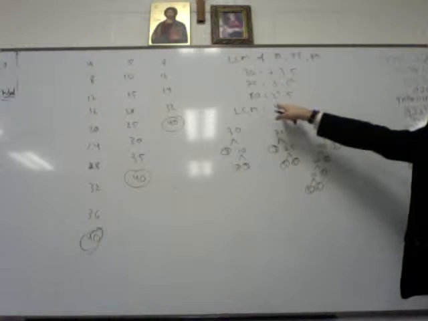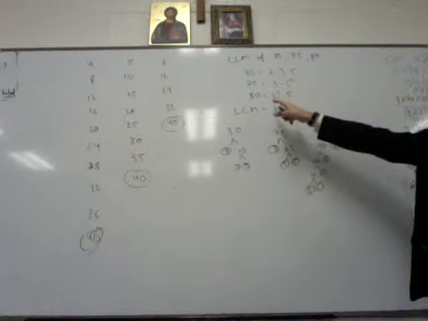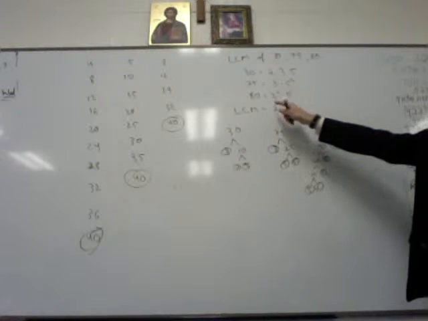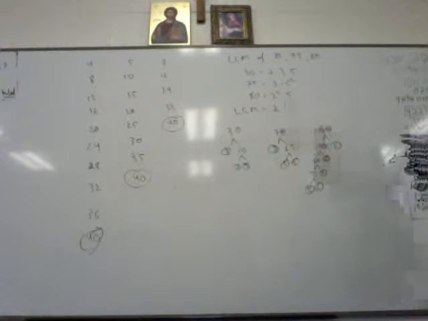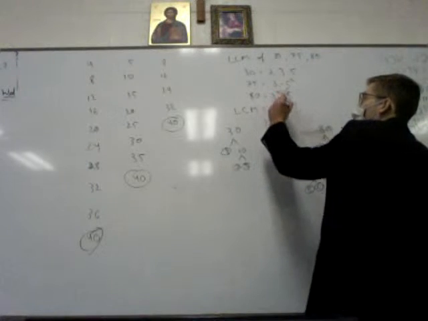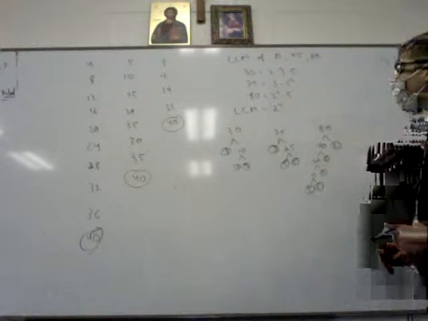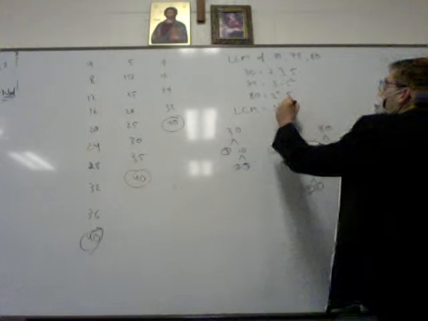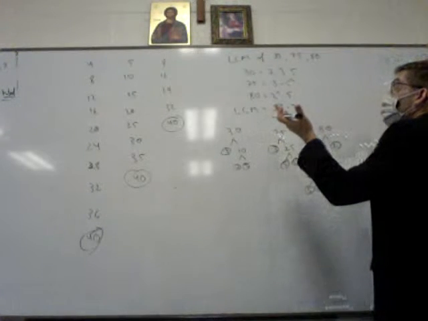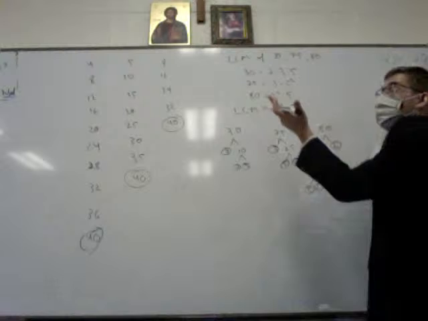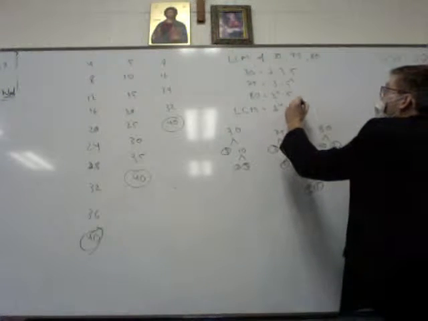You only need 2 to the 4th. The exponent only needs to be as large as the largest exponent on any one of your numbers. And we only need 3 to the first, and 5 squared.